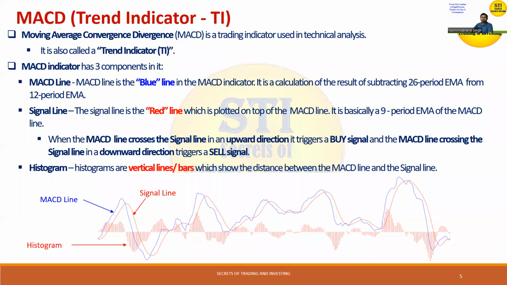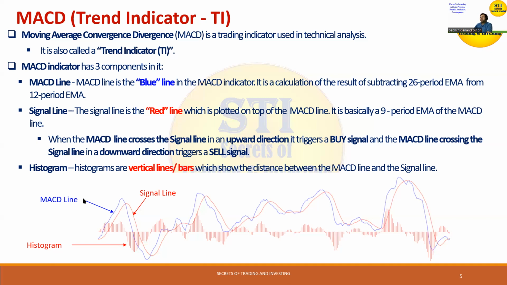The MACD indicator has primarily three components. We'll see how it looks in the actual chart, but there is a snapshot below of the MACD indicator, where it has three components. The first one is called the MACD line, that is the blue line. In this picture, you see two lines, a blue line and a red line, and there are vertical lines.